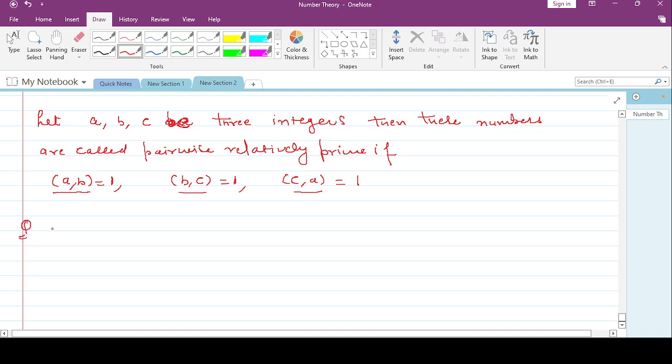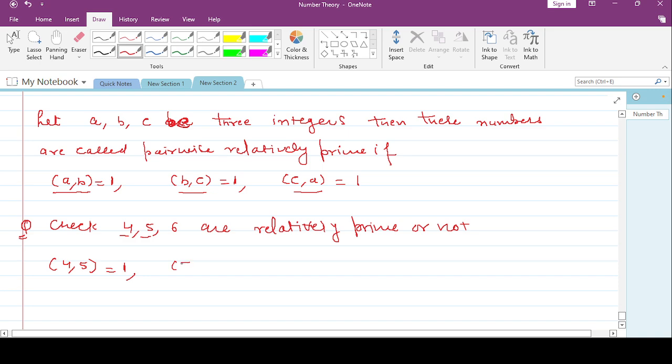For example, check whether 4, 5 and 6 are relatively prime or not. If I take the GCD of 4 and 5, only one can be taken common. Now if I take the GCD of 5 and 6, again only one can be taken common.